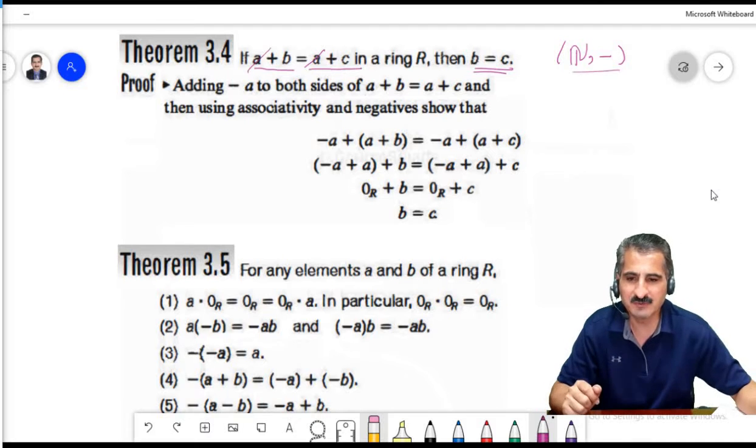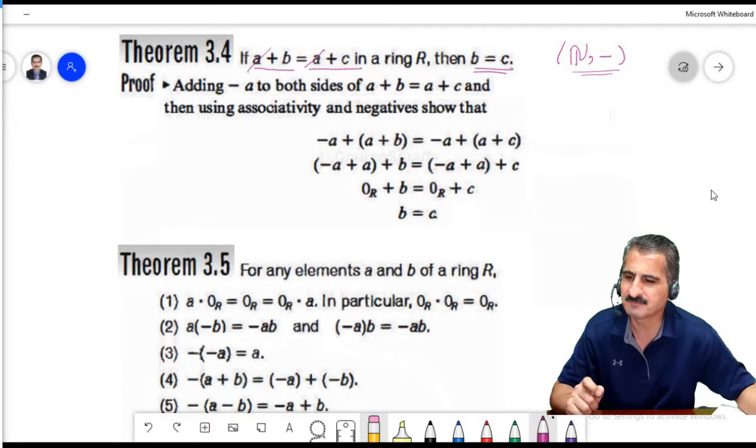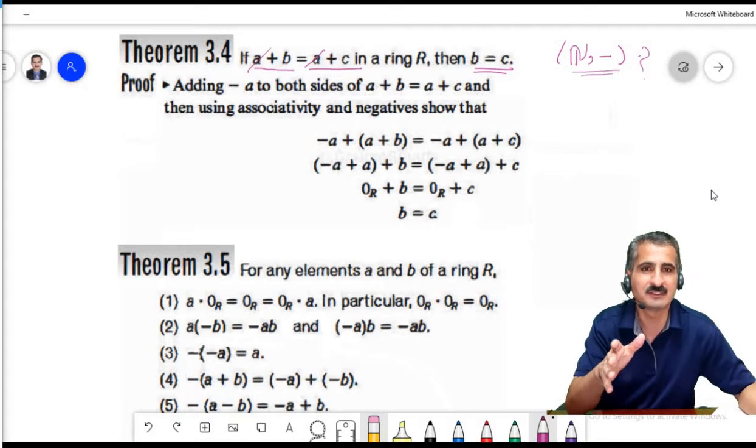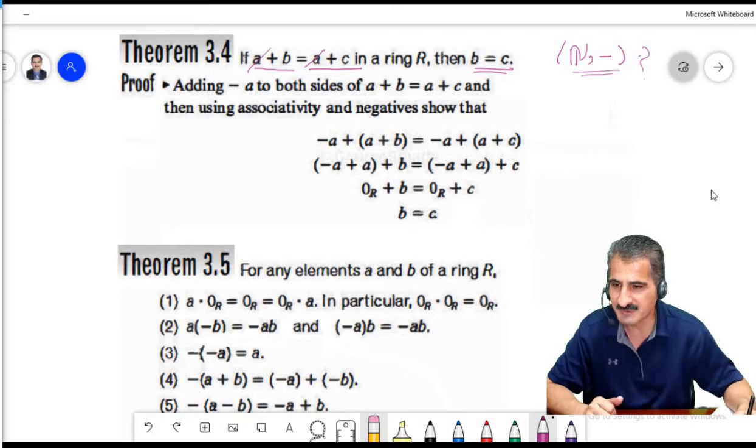Now, can we make a counterexample for that theorem using the operation subtraction in N? I need to think about it. I will let you think about it. Make a system, a set with some binary operation where, according to that operation, cancellation doesn't happen. Play with it. Maybe it exists in the exercises. We will see later. Okay.